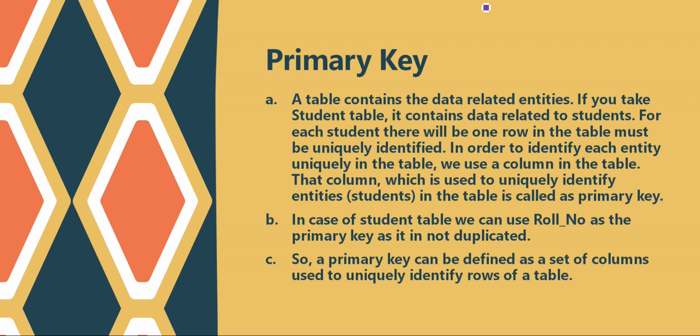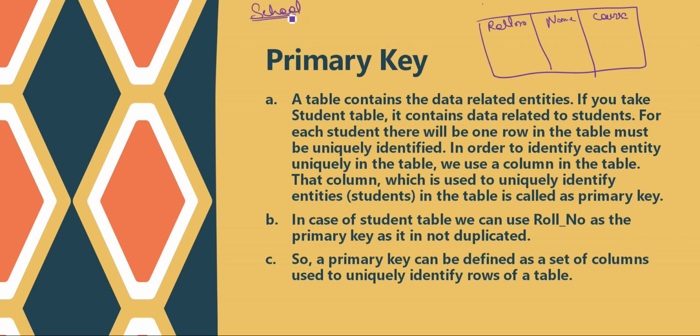Now let's think of another situation. Let's say for now this roll number helps us to uniquely identify, right? Now I run a school, right? So in my school there will be different classes, different courses.